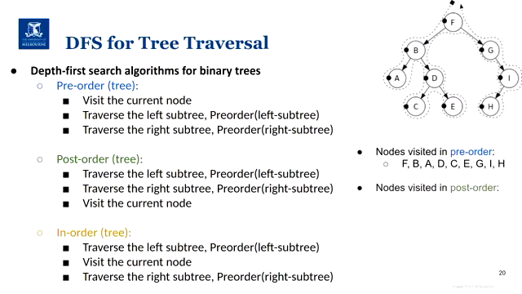What about post-order? Post-order, I will try to go left until I can't anymore. So we reach this point, we can no longer go forward. So I tried left, can't go. I tried right, can't go.